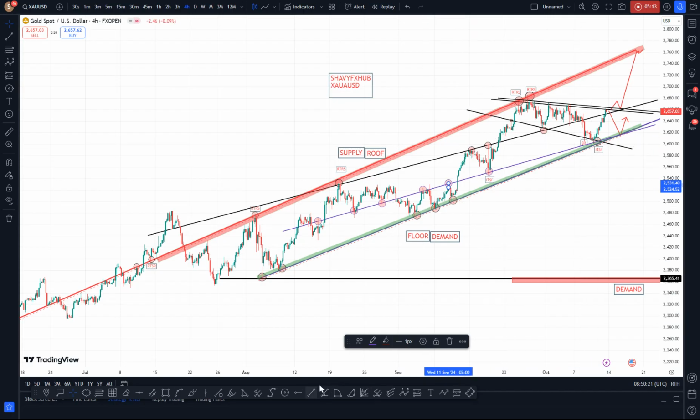If we are to judge the number of pips price moved from here to the current all-time high, it will give us a clue as to where we are going. You will see 2,684.